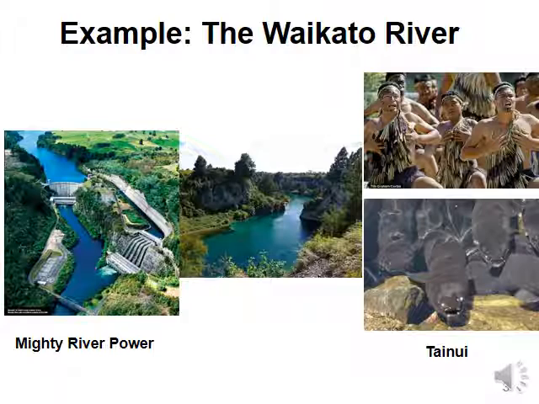Basically, these eels would migrate up and down the river, and whenever they got to a dam, they would go through the turbines and get cut up like sushi. They would be killed. Now, this was not an internal cost for Mighty River Power. We didn't care about the fish.